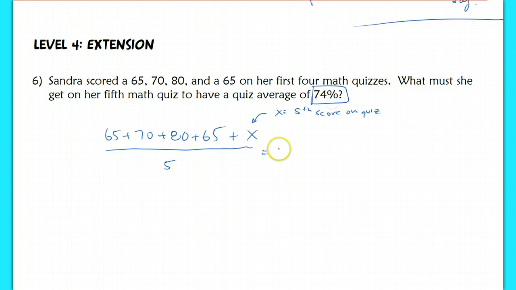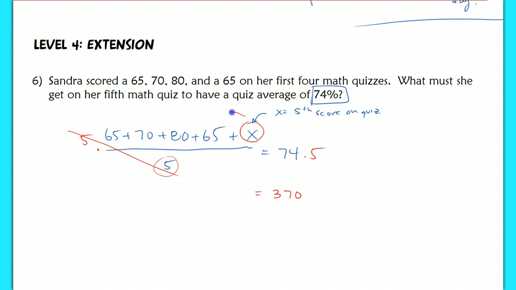She wants a 74% average, so we're going to set that equal to 74. Now remember, when you're trying to isolate this X here, we have to get rid of first this 5 in the denominator, so I'm going to multiply by 5 on both sides because whatever I do onto one side of the equation I have to do onto the other. So this is going to cancel out that 5, and 74 times 5 gives me 370.